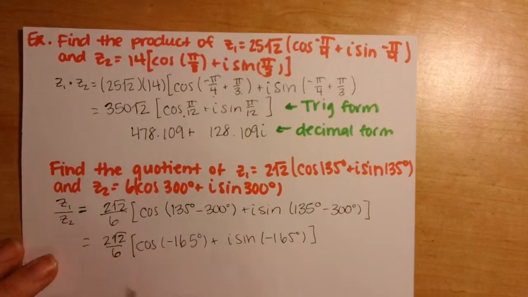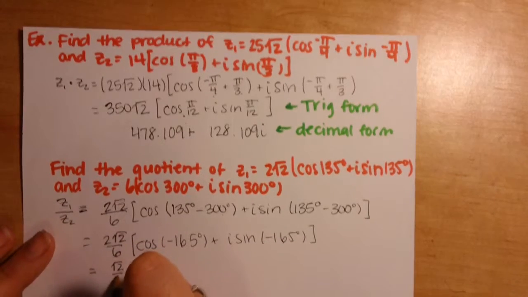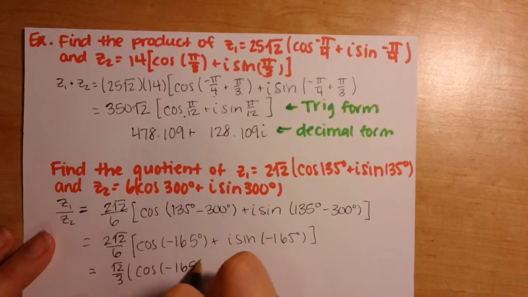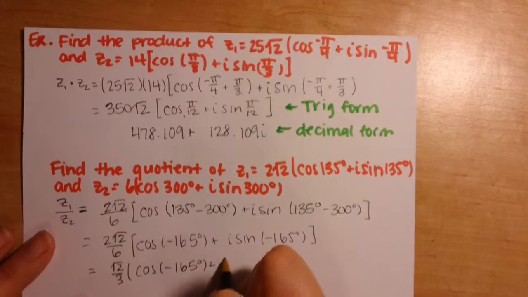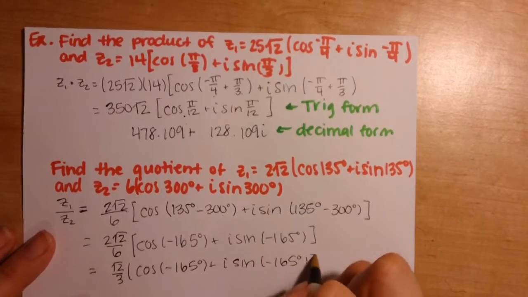And I can simplify this first part too, so I'll get square root of 2 over 3 times cosine negative 165 degrees plus I sine negative 165 degrees.